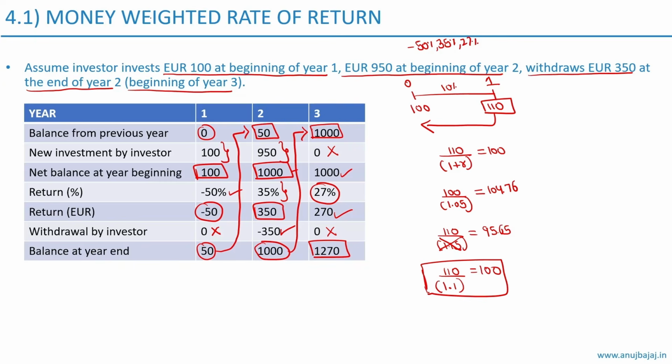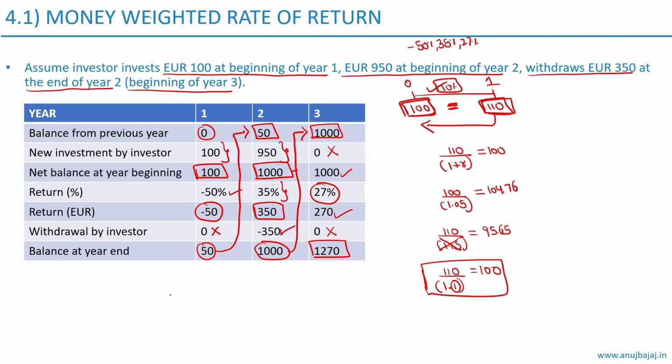So we can say that the discount rate, which makes the future value equal to the present value, is our interest rate, right? The discount rate, which makes the future value equal to the present value, is the interest we have earned on the investment.